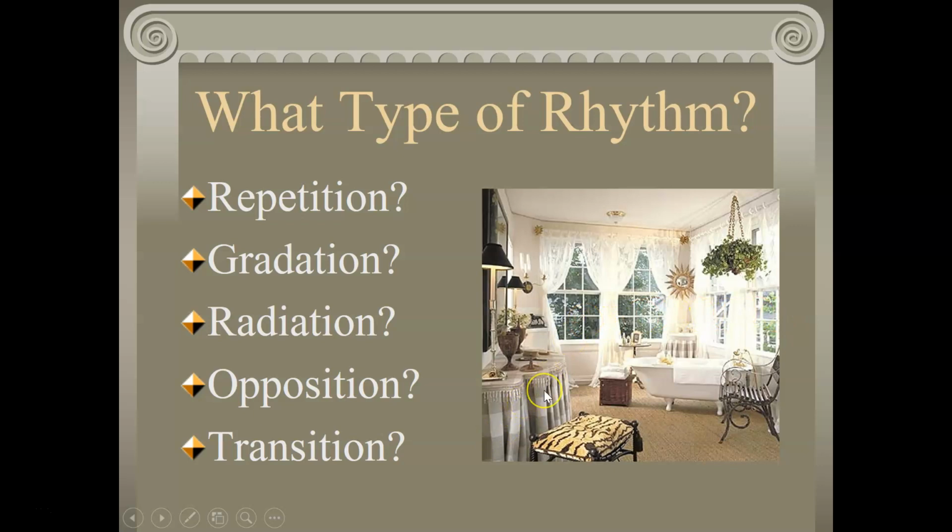And then you have the fabric here, and you have the fabric here. And it could be transition with the curtains, but it doesn't swag. It doesn't carry your eye. So it is repetition.